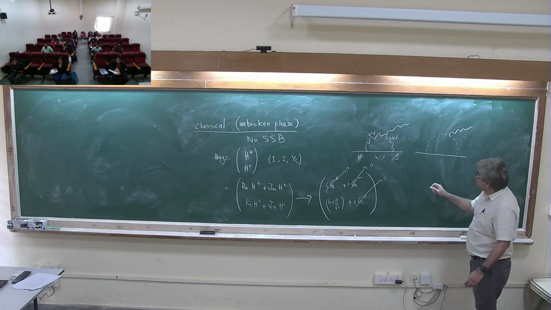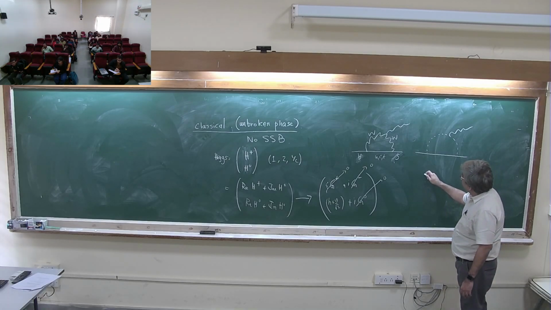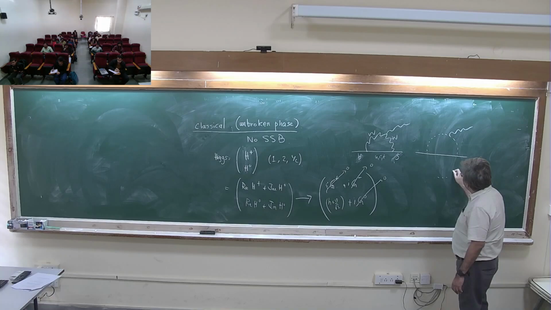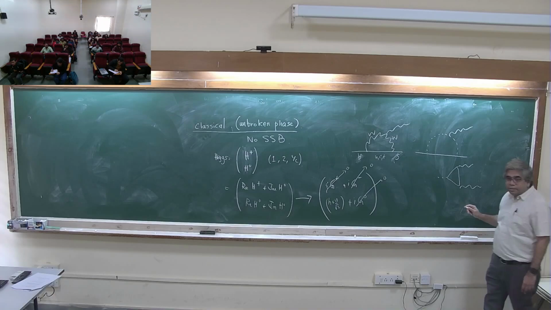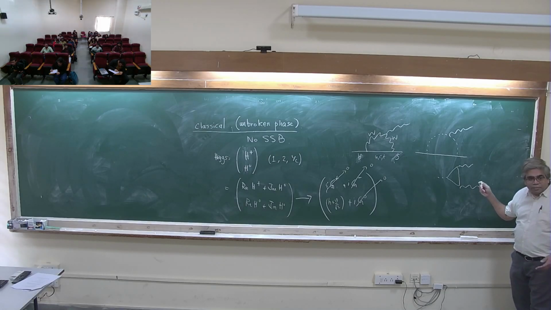one fancy process which we all need is the Higgs to gamma gamma process. That's how the Higgs was discovered. Now, if you compute it in renormalizable gauges, people have computed in various gauges.